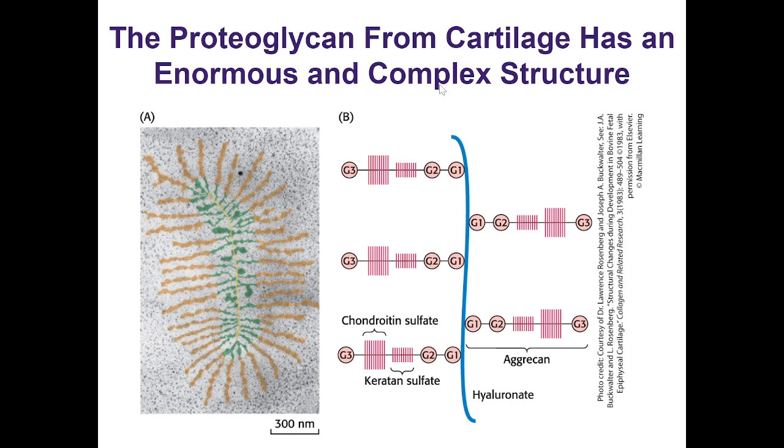Here we have the chondroitin sulfate, this is the keratin sulfate, this is the hyaluronate, and this is the aggrecan in total. Can everybody see those okay? It makes more sense when I sum it up in a diagram, doesn't it?